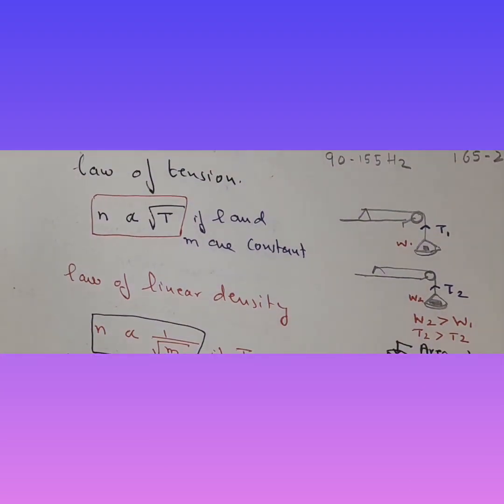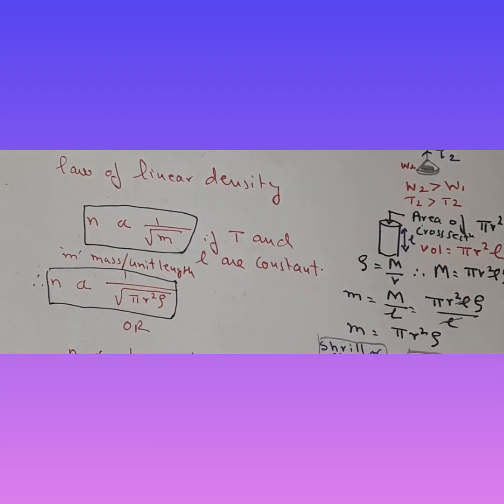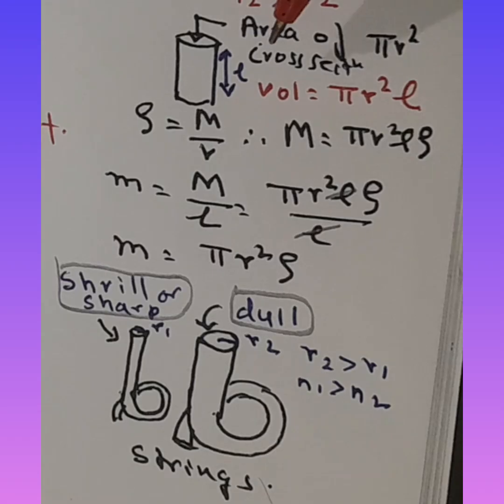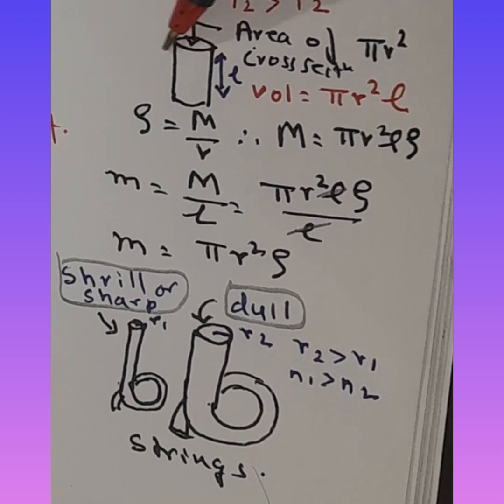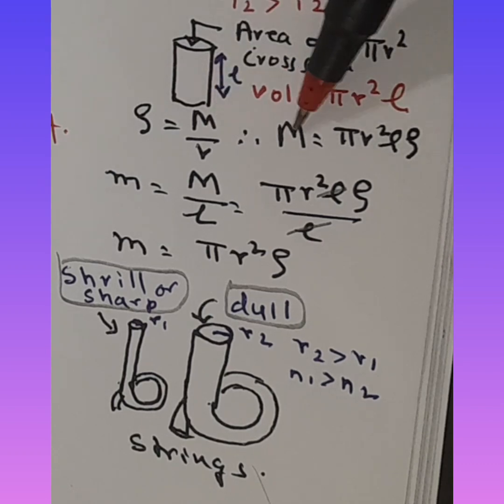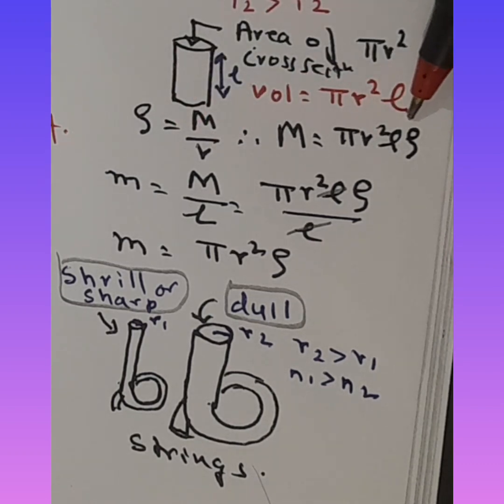Now in case of law of linear density, n is inversely proportional to mass per unit length if T and L are constant. Consider a string with area of cross section and length L. Volume would be pi r square L. Density is equal to mass upon volume, so mass is pi r square L rho.